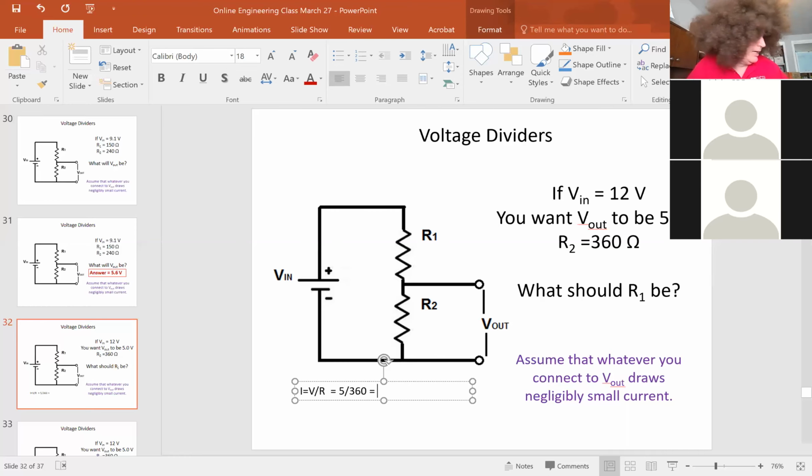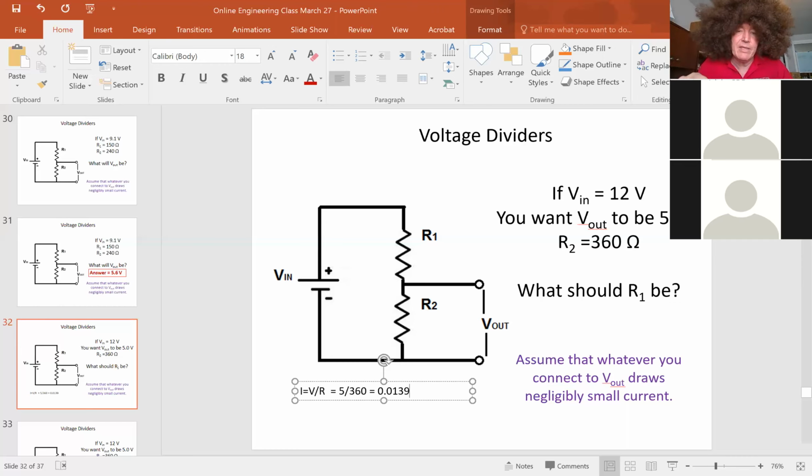So 5 divided by 360. I get a current of 0.0139, rounding off the repeating 8s. So the current flowing through that resistor has to be 13.9 milliamps.